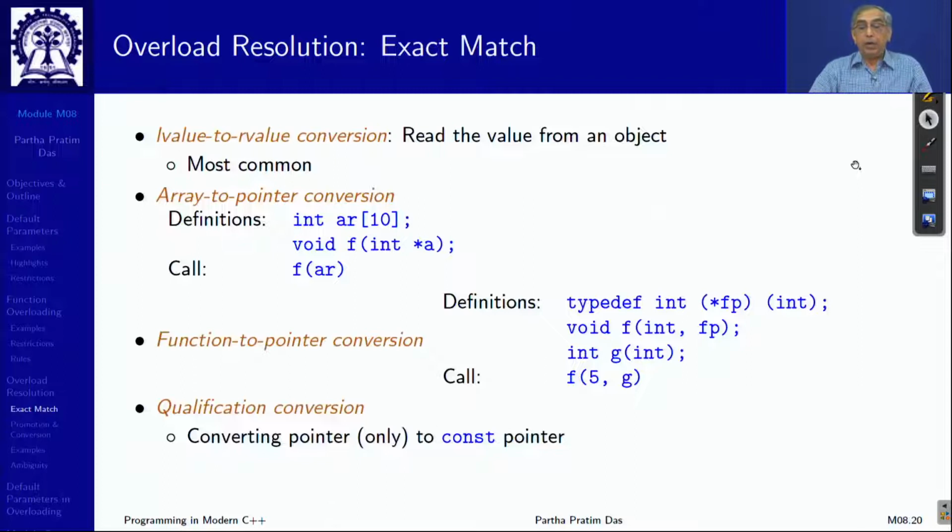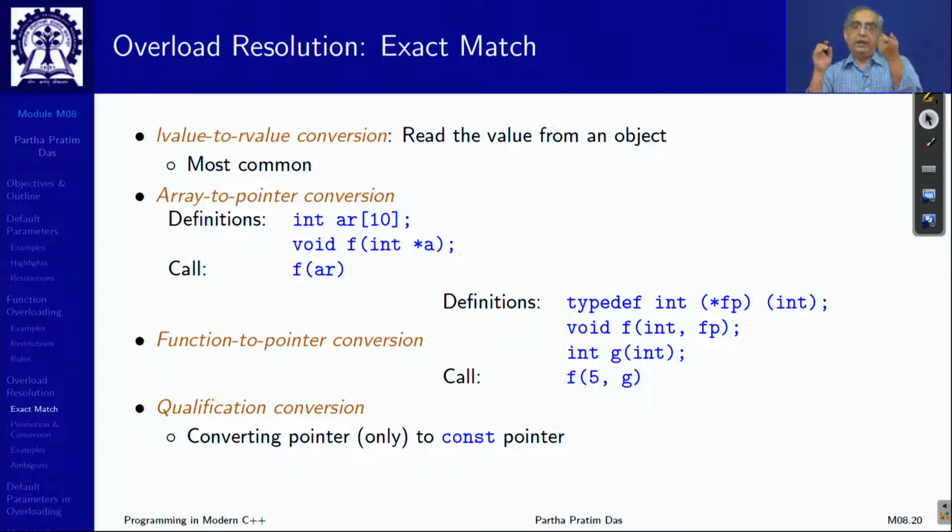So, what is exact match? When 2 parameters exactly match. They will match if they are exactly identical type, of course, but certain things are considered loosely as exact match, like L value to R value conversion. If you say variable A, then on the left hand side it is an L value, an address, and on the right hand side it is an R value.